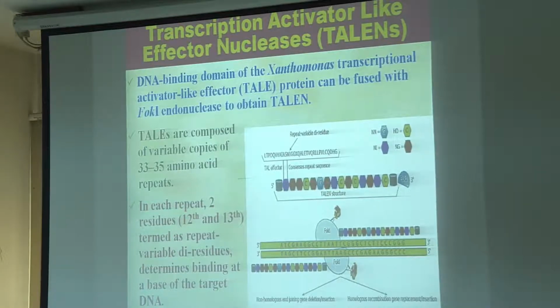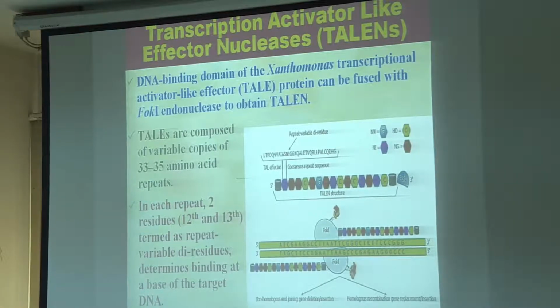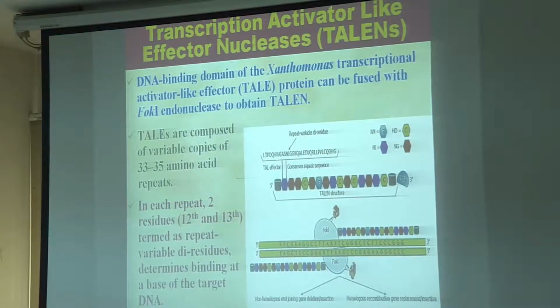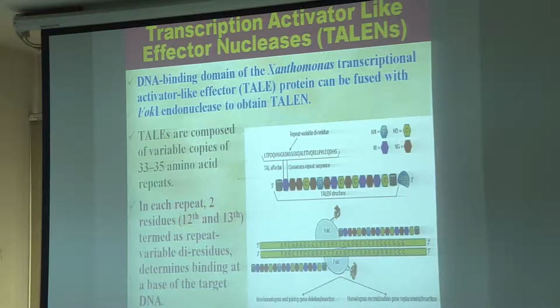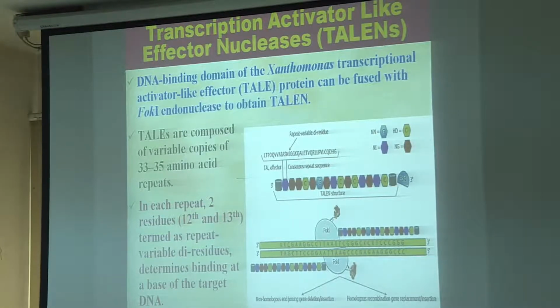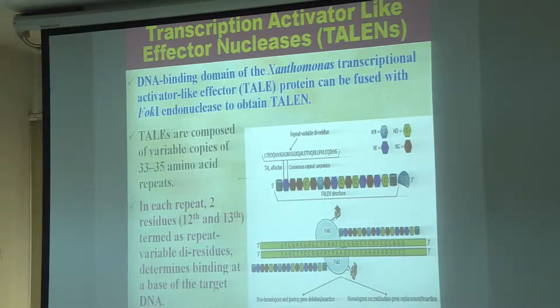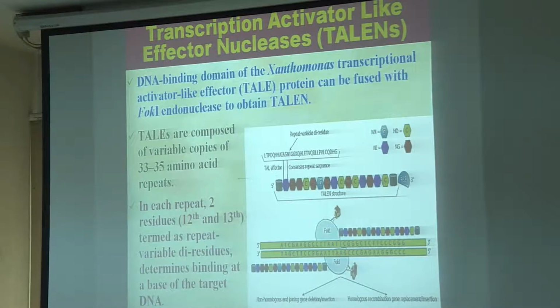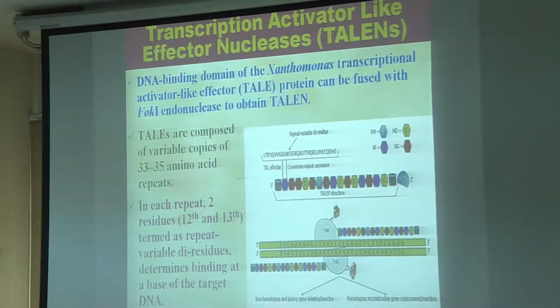Then TALENs are there. TALENs can also be used. Here again there is a stretch of around 30 nucleotides, and among this sequence, two nucleotides are very important, the 12th and 13th, that are going to recognize the binding site of that particular TALEN.